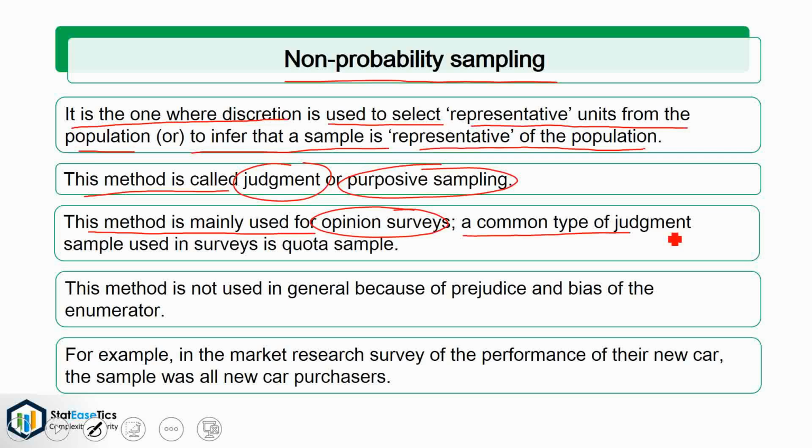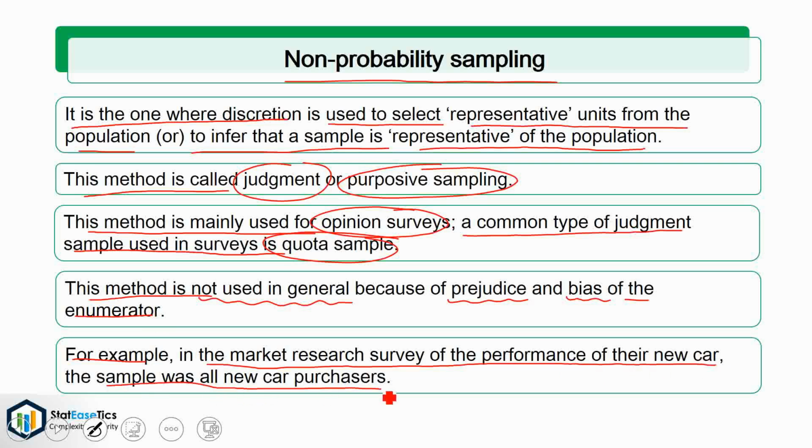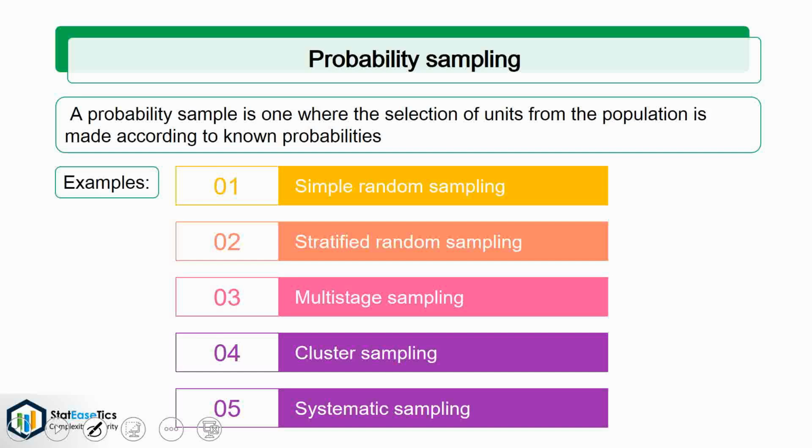A common type of judgment sample used in surveys is quota sample. This method is not used in general because of prejudice and bias of the enumerator. For example, in the market research survey of the performance of their new car, the sample was all new car purchasers.